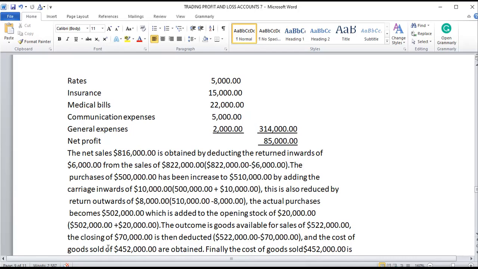Then the closing stock of $70,000 is then deducted. We have this goods available for sale, $522,000 less $70,000 of closing stock, and the cost of goods sold of $452,000 is obtained.